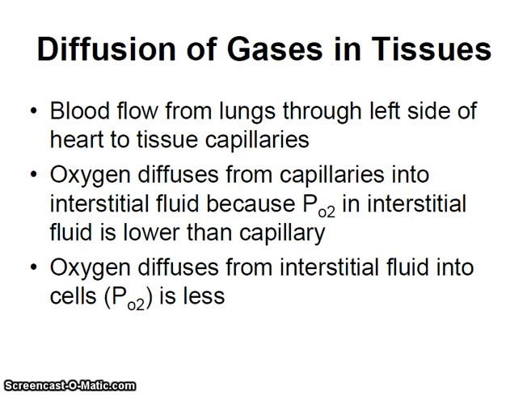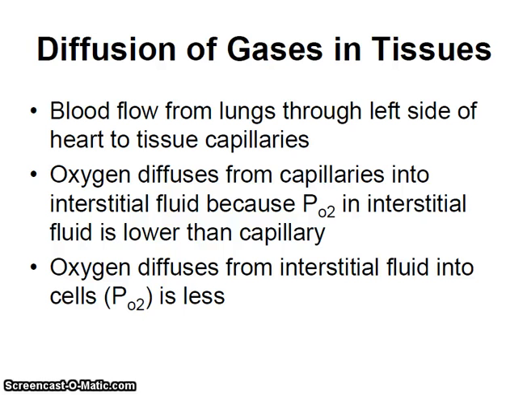Blood will flow from the lungs through the left side of the heart to the tissue capillaries. Oxygen diffuses from the capillaries into the interstitial fluid because there is less oxygen in the interstitial fluid than there is in the capillaries.